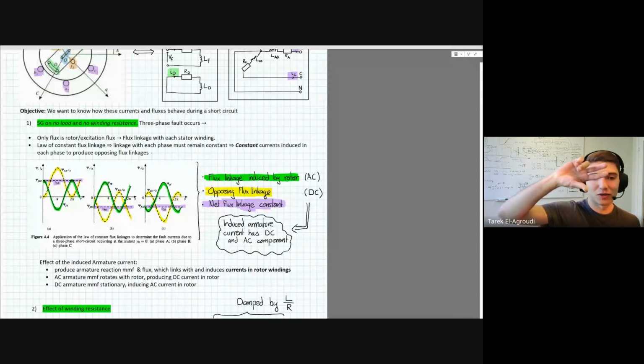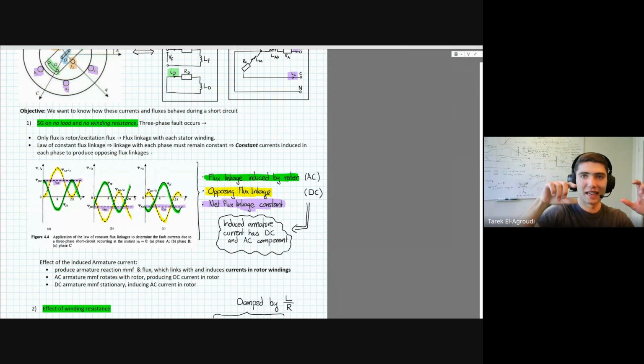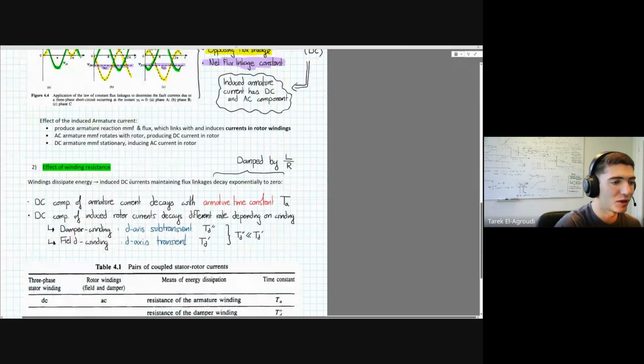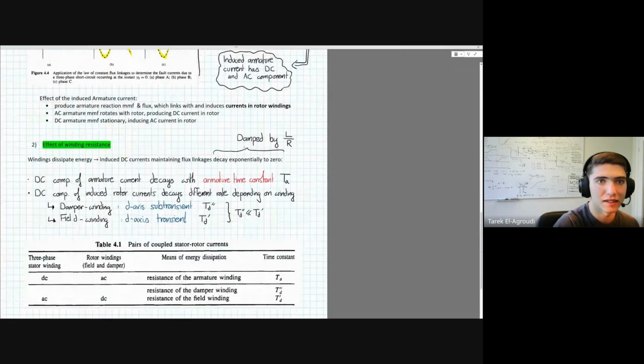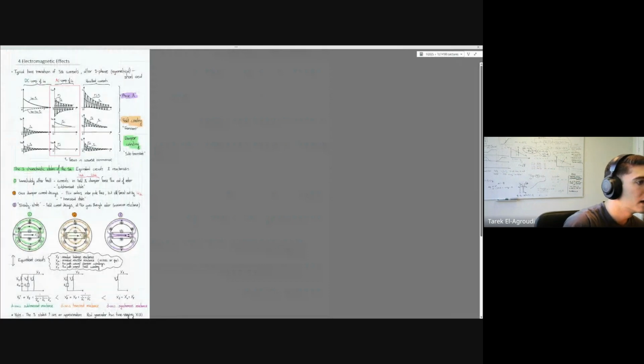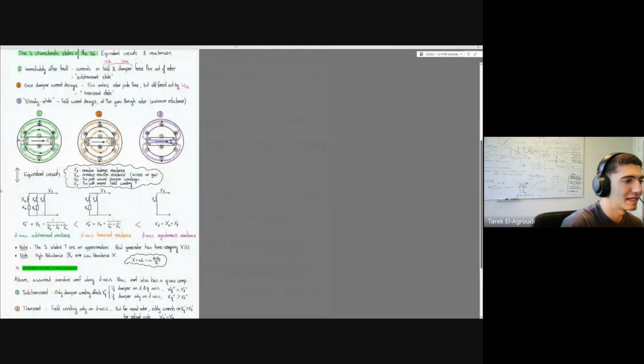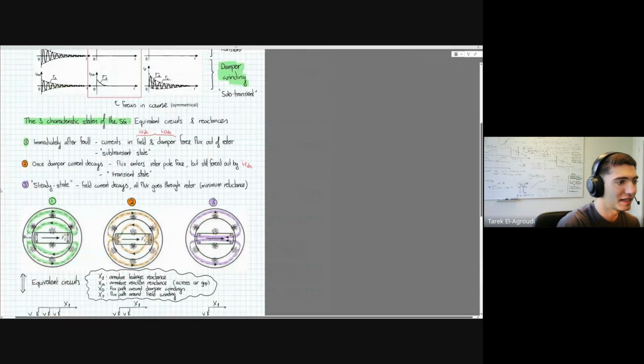Because the rotor is rotating, a DC current in the rotor is going to be an AC flux, and opposite, a DC current in the stator is going to be an AC flux in the rotor. But that's not so important. The more important thing, I think, is to consider the physics of what actually is the difference due to these windings.